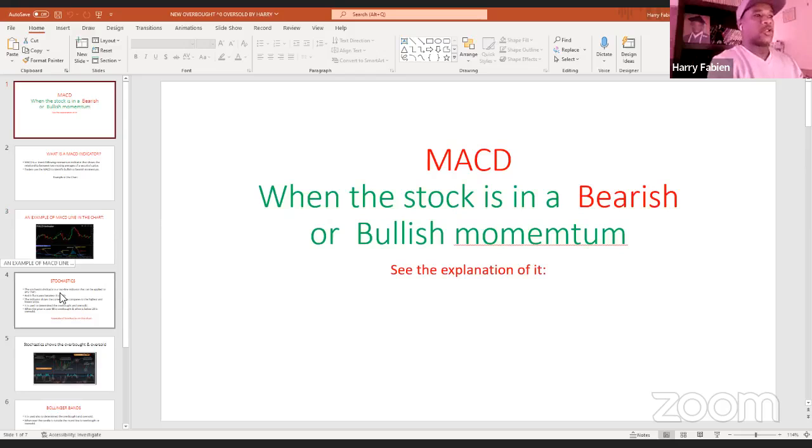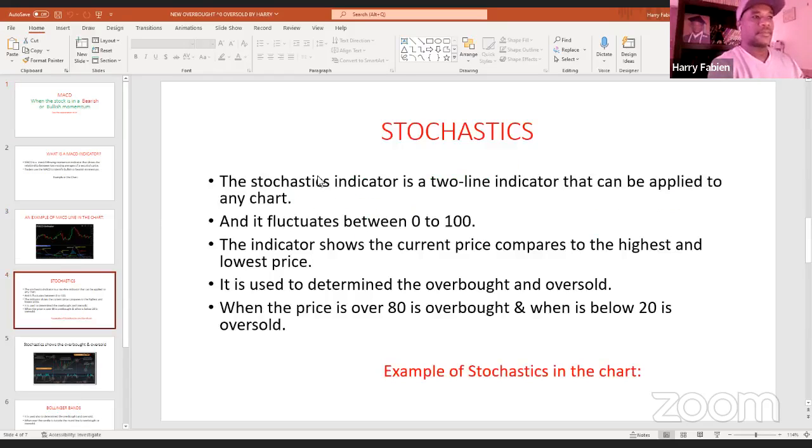Now I'm going to show you what's called the stochastic. The stochastic is another thing that can help you buy and sell. What does the stochastic do? The stochastic helps you identify what you call overbought or oversold.